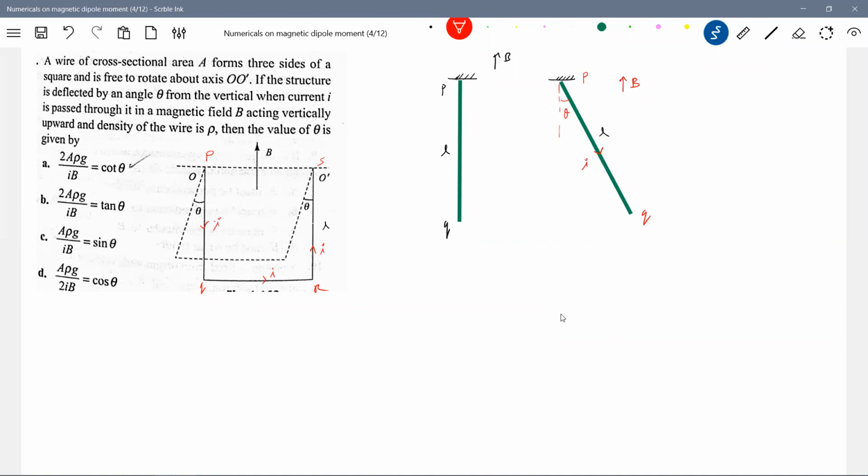So the force will be acting out of the plane of the paper. Or you resolve B bar perpendicular to the rod and parallel to the length of the rod. If you resolve this, one component will be B perpendicular, the other B parallel. Again, the angle is theta.